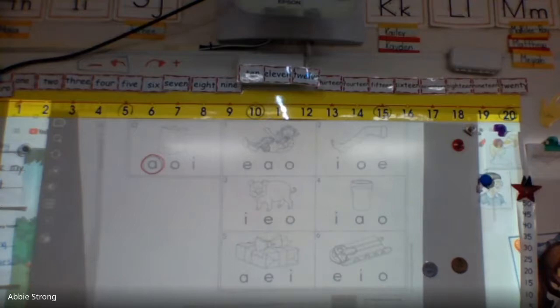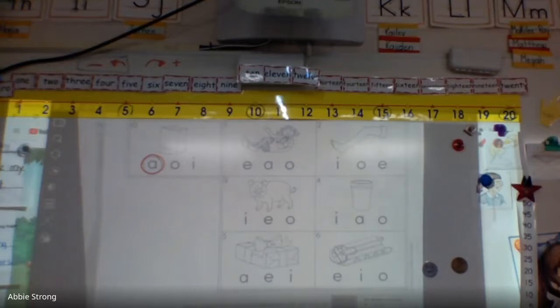All right, and the last one. This is a sled. Sled. Circle the letter that makes that e sound in that word for box number 6. What letter makes the e sound? Like take it.